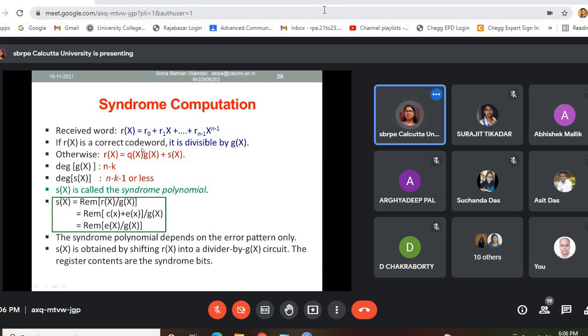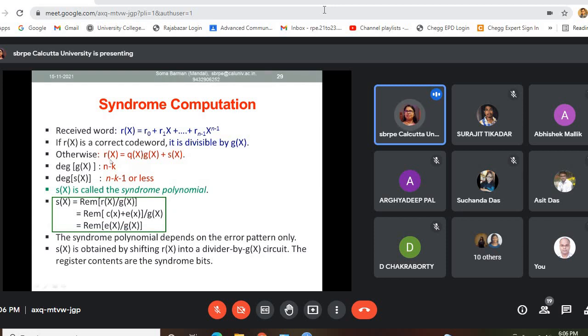So obviously Rx should be divisible by Gx if it is a valid code word and you have received it without any error, because we are generating it as a multiple of Gx.